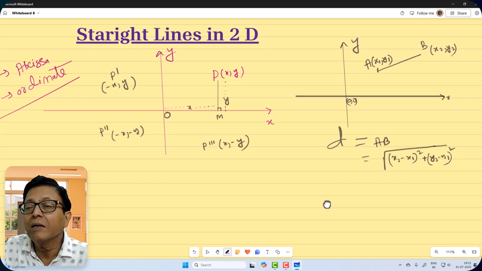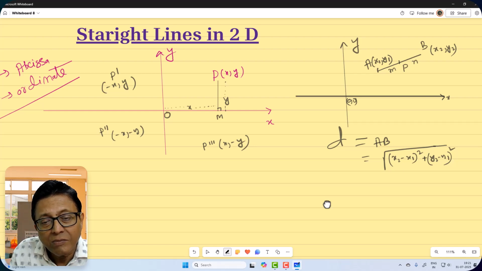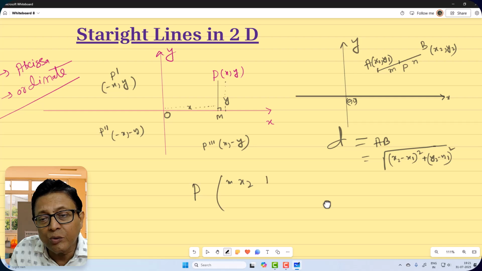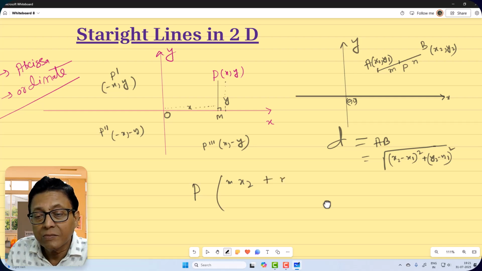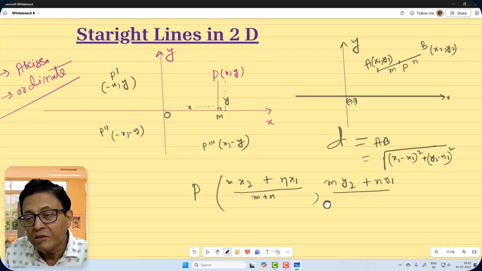And then, if there is a point P which divides AB in the ratio m is to n, then we get the coordinate of the point P as (mx2 plus nx1) by (m plus n), and the y coordinate (my2 plus ny1) by (m plus n).